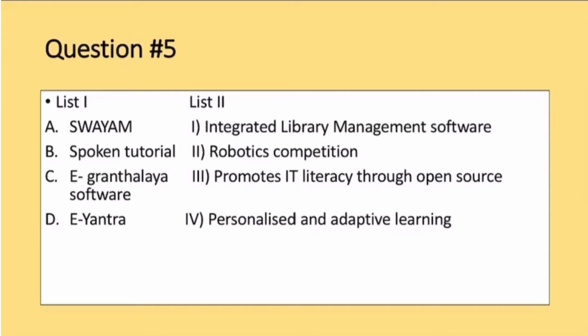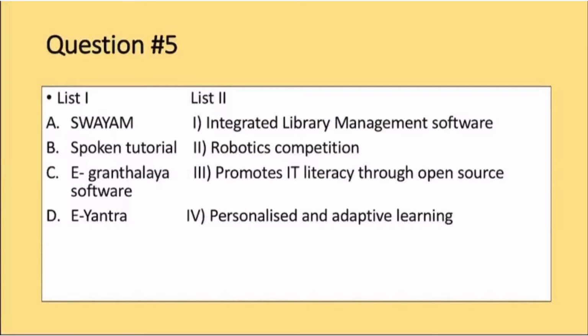Next, 5th question. Here again there are two lists. A, Swayam, B, Spoken Tutorial, C, E-Granthalaya software, and D, E-Yantra. In list 2, we can find a statement on what is this portal about. So, Swayam, we know it's for personalized and adaptive learning. A4. B, Spoken Tutorial is an open source software which promotes digital literacy.